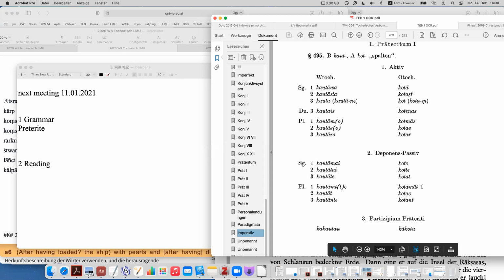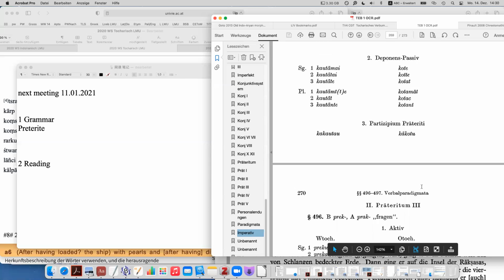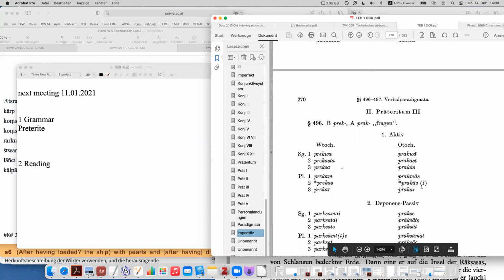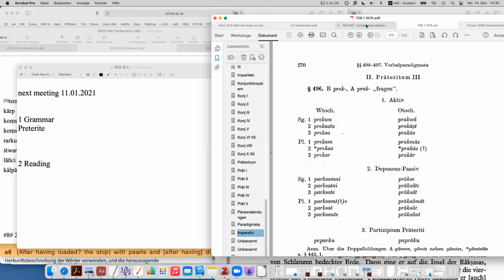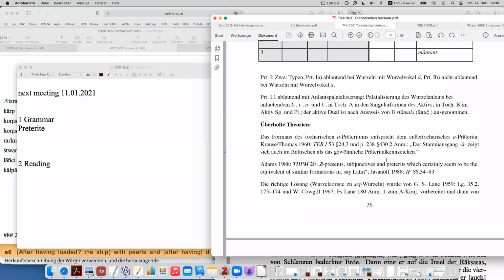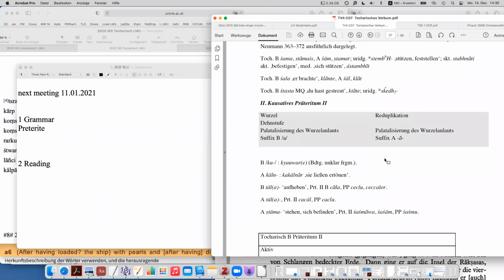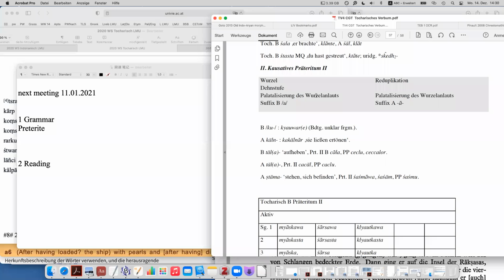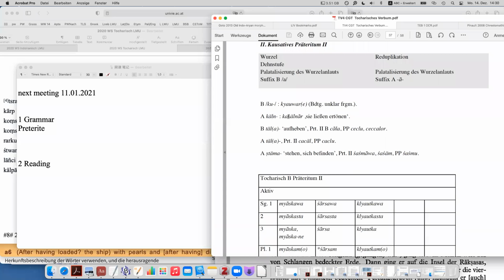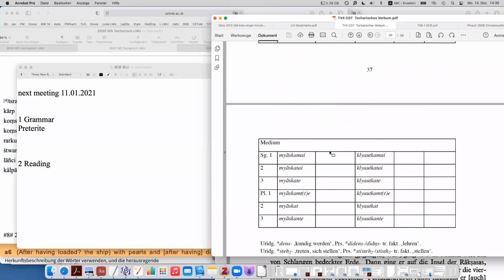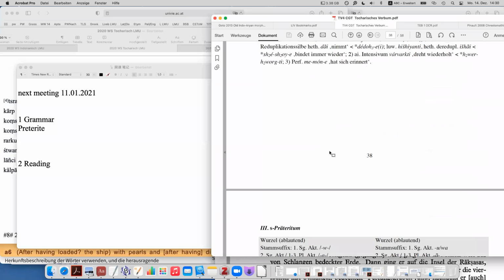So this is basically, I think, the most productive class. And then the second one is called the S-aorist. We can check later. This is still the A class, but kind of reduplicated. Okay, I think we can move on.